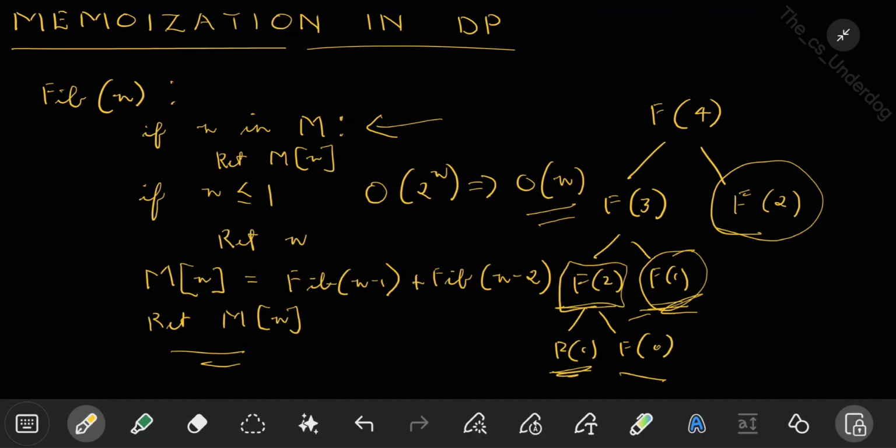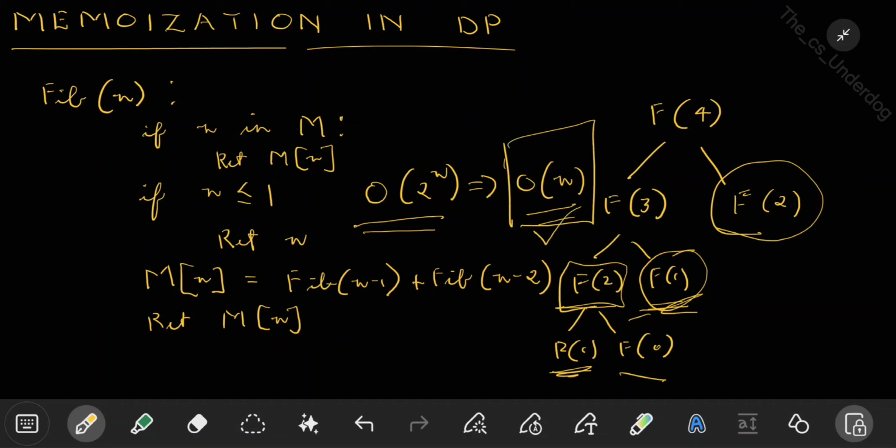Your simple recursive solution would have made order of 2 power n function calls, and the time complexity of the algorithm, that is whatever I wrote initially, the recursive one, would have been order of 2 power n. This is also recursive, but this is using memoization. With memoization, we improved this time complexity to order of n.